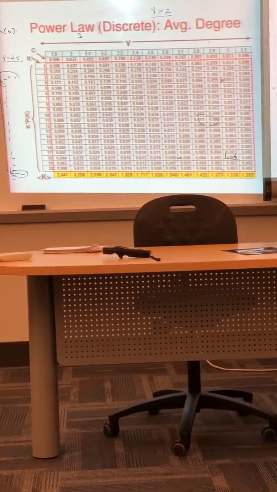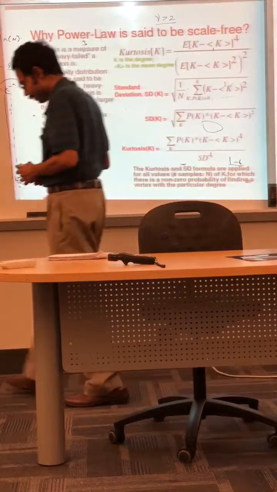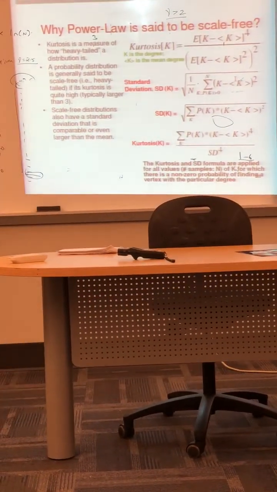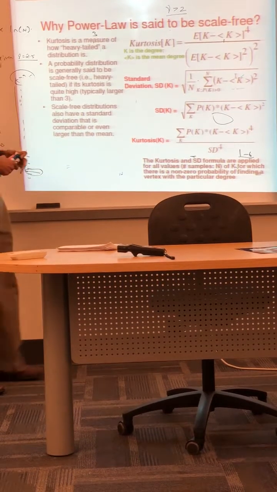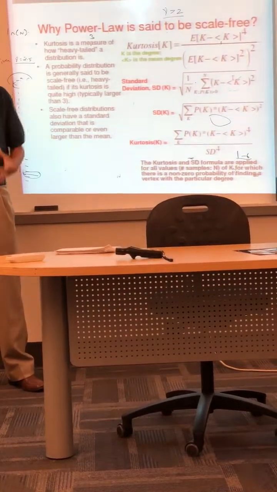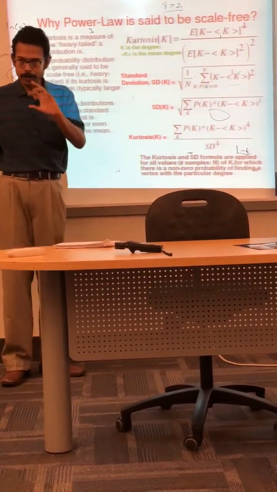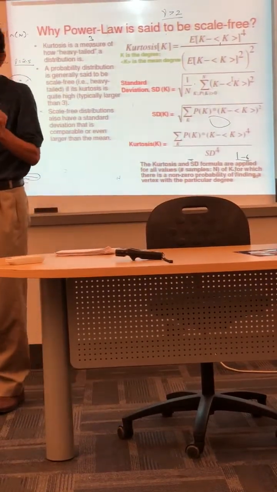Now, in addition to average degree, we can also find some other statistical measures, like kurtosis and standard deviation. Standard deviation is a measure of how much the degree values deviate from the mean.